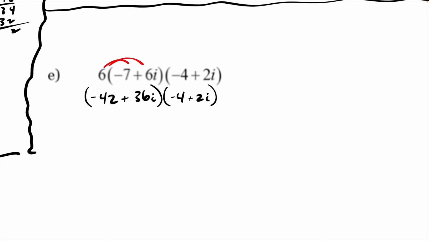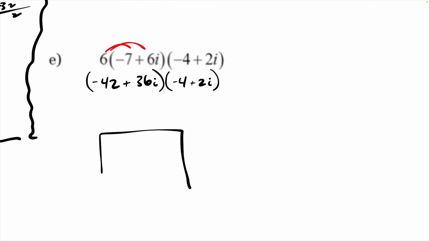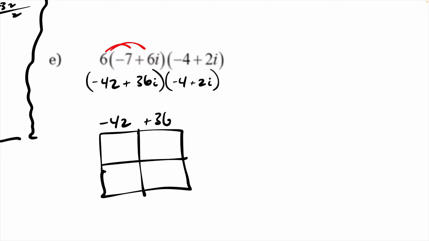And then box, 2 by 2 box again. -42 plus 36i, -4 plus 2i. -42 times -4 makes 168. -4 times 36 makes -144i. -42 times 2 makes -84i. 36 times 2 is 72. i times i makes i squared.